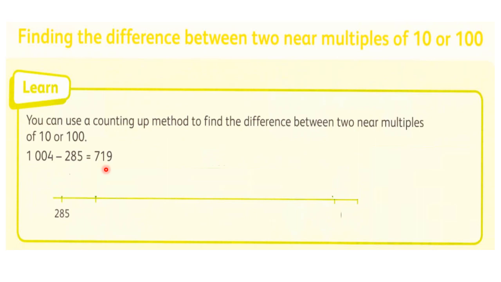We can solve this also by using a number line, putting the smaller number here and then counting up until we reach 1004. But we'll use multiples of 10 and multiples of 100.